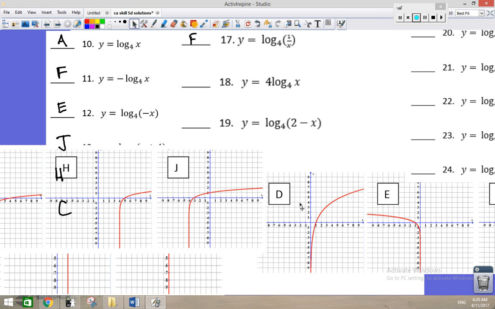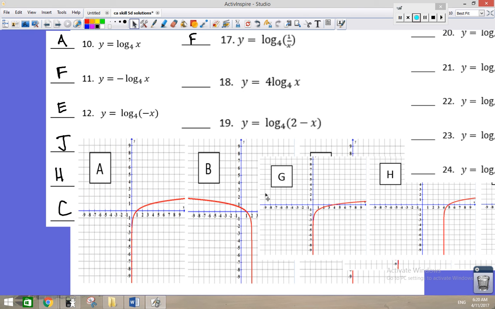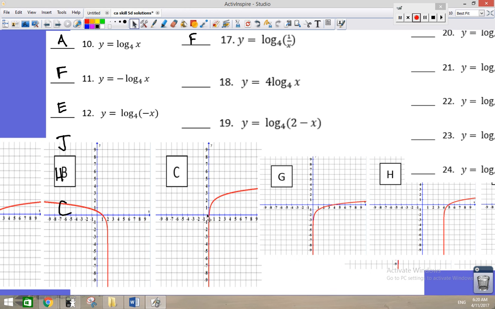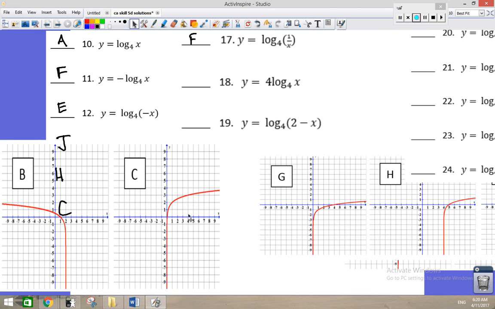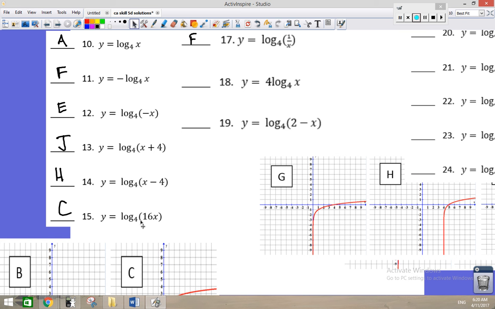I'm taking the y coordinate, the output, and multiplying it by 4. Let's look at this again. This 4, 1: if I take 1 and multiply it by 4, I'm looking for the graph that passes through the point 4, 4. So it's this graph that's been vertically stretched, and this 4, 4, this is the graph of C. So how can I argue that 18 and 15 are the same? I'll have to look at that later and try and give you an answer.